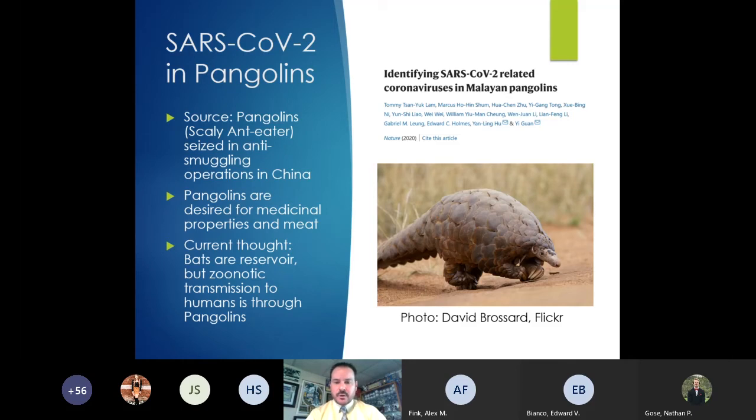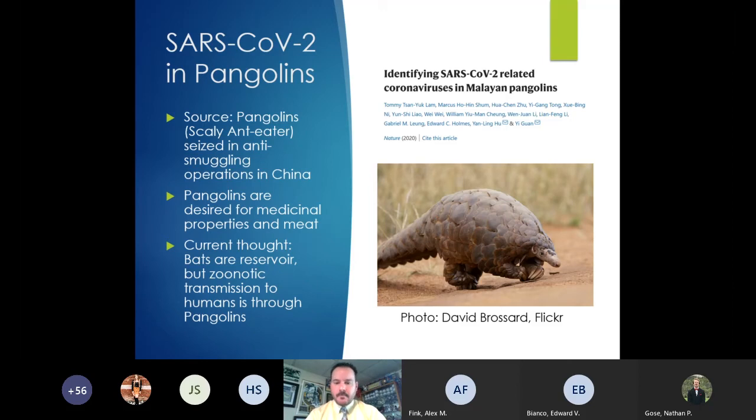These pangolins are smuggled in. From what I read and understand, they're relatively prized, both for their medicinal properties as well as potentially for food. So they're sold in the markets, they're smuggled in, and these scientists were able to take samples from some of these smuggled pangolins, and they've identified related SARS-CoV-2 viruses.